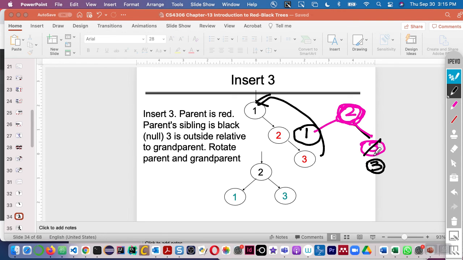Then we need to recolor. This is the root, and now the root needs to be recolored. It's easier to use a board with a different marker instead of changing color over here frequently. So 2 will now be black. So then this is an AVL tree, if the root is black.